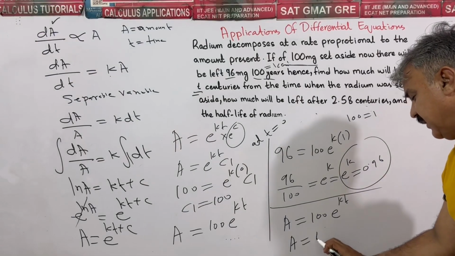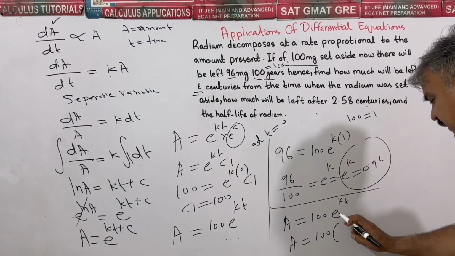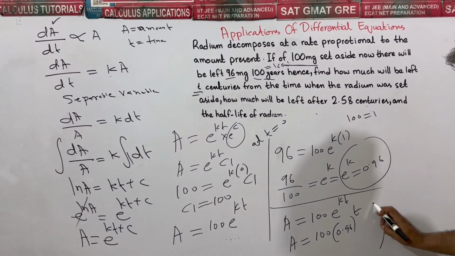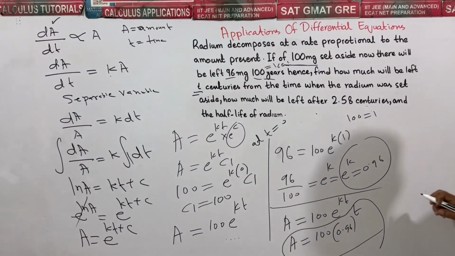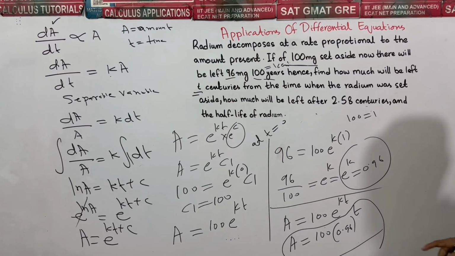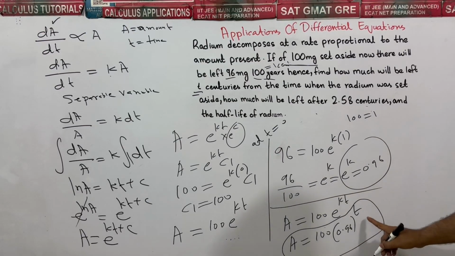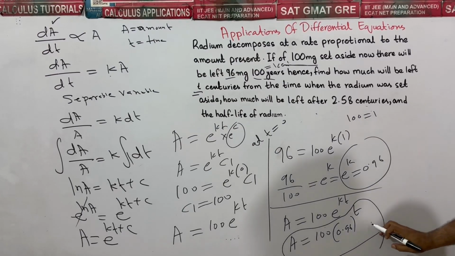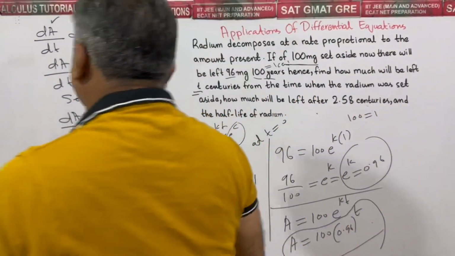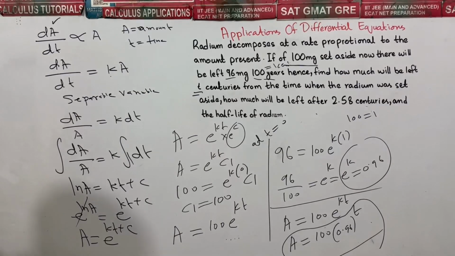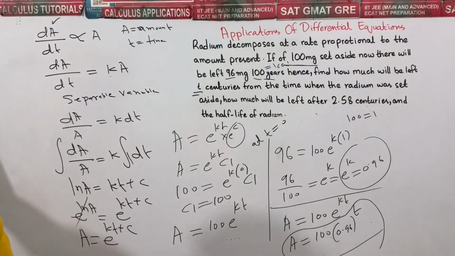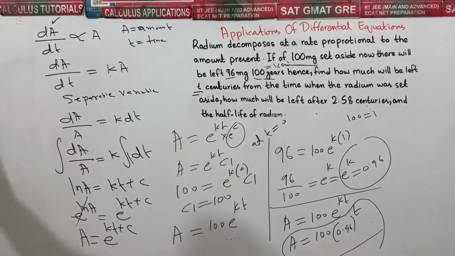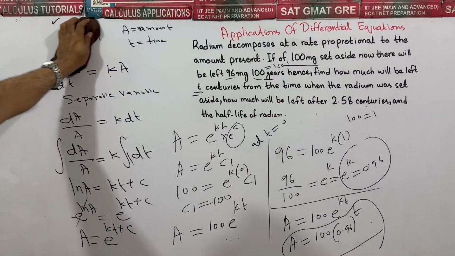So A is equal to 100 times 0.96 raised to t. It is the amount after t centuries. Now we need the amount after 2.58 centuries, and also the half-life.